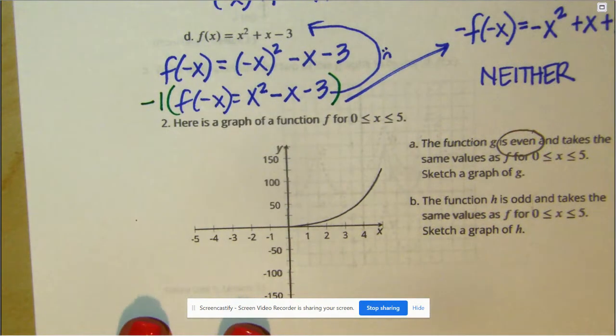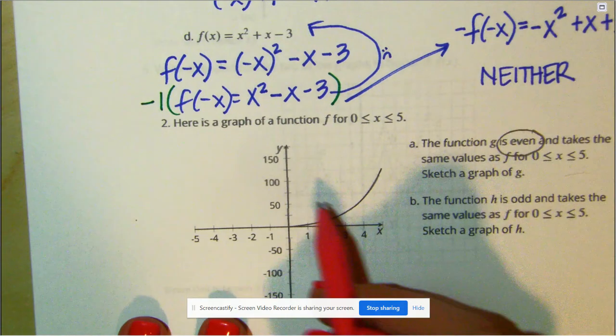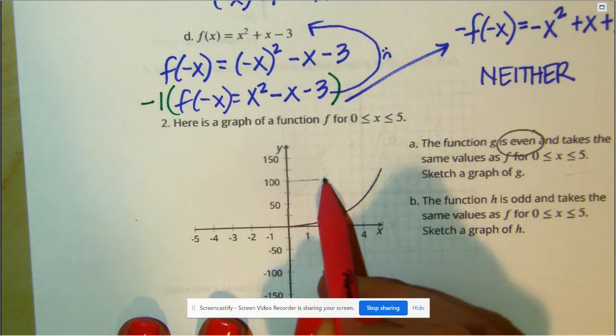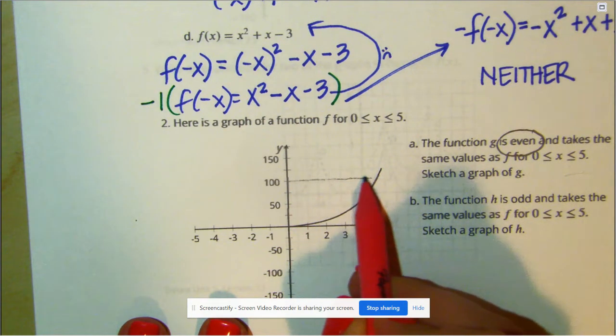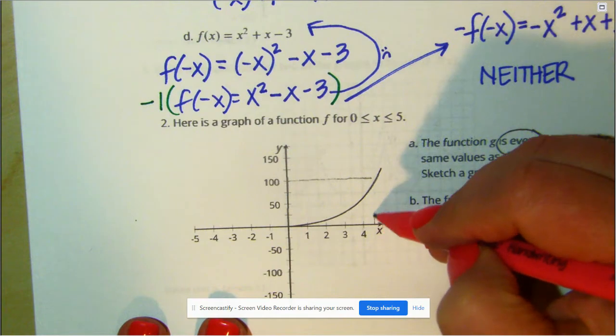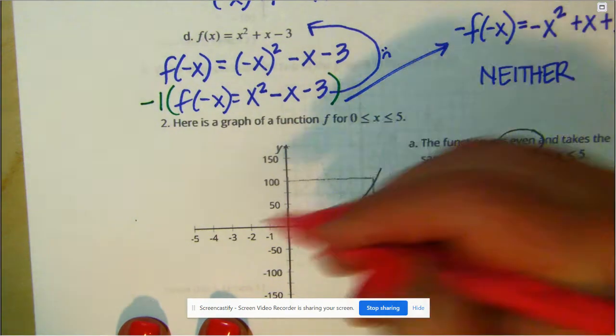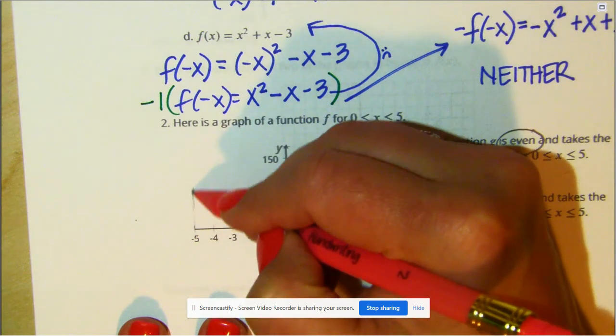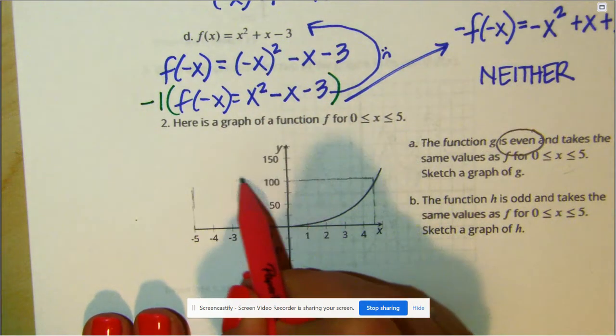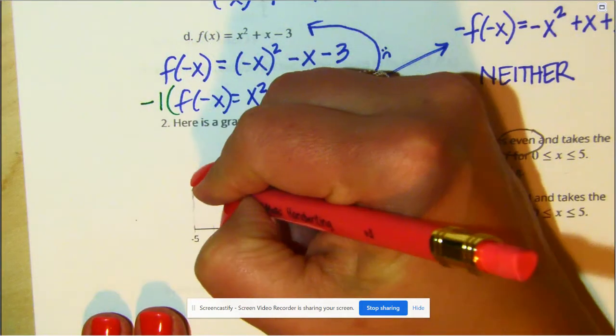I'm switching my inputs. So I kind of tried to find some points here. A little hard. It's not the greatest grid. That looks like almost 5, 100. So it's going to be negative 5, 100. It's not perfect, but just trying to use it.